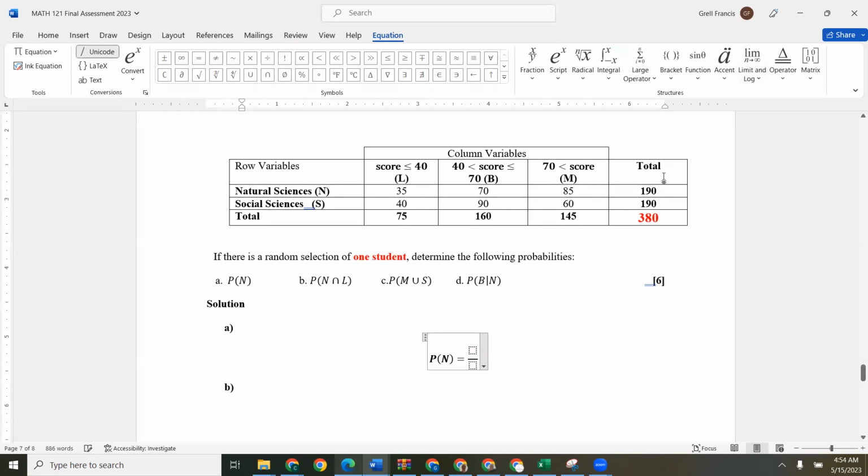So our denominator here will be 380. And the numerator will be how many students from the natural sciences there are. As you can see, there are 190 of them. So the final answer is 190 over 380, which simplifies to a half.